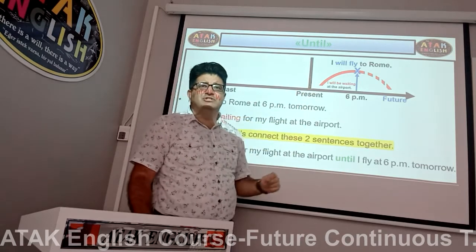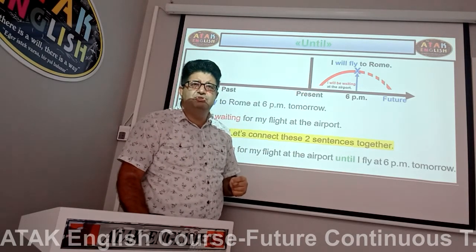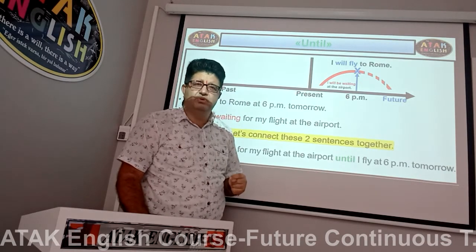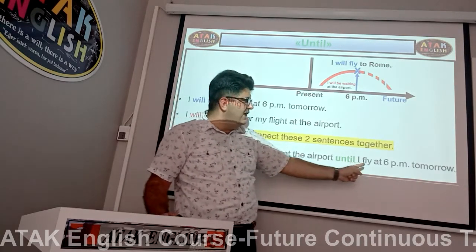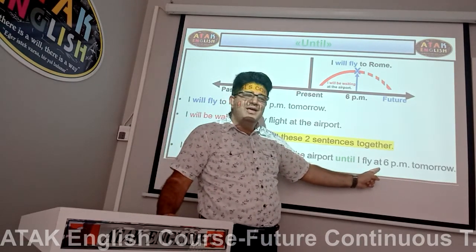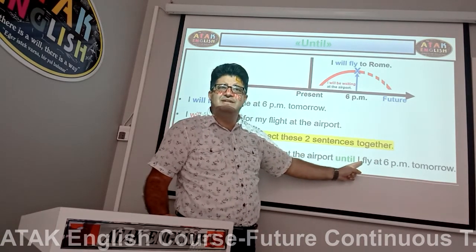With conjunctions like this, to express future actions, we do not use future tense or future continuous tense. As you can see, until I fly at 6 p.m. tomorrow, in which tense is this?